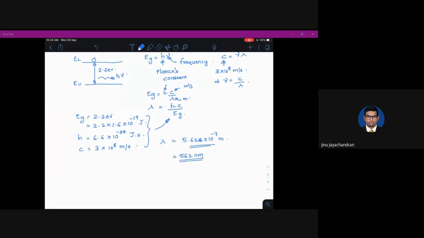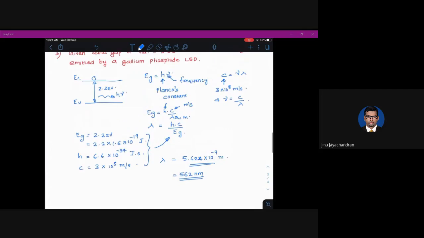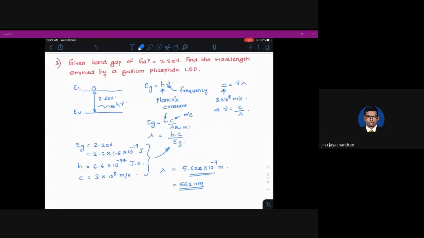Okay, so let's understand the problem. When a spontaneous emission happens in gallium phosphide, the electron jumps from the conduction band to the valence band, emitting a photon which has energy h nu. Depending on the band gap, we'll see the difference in energy.